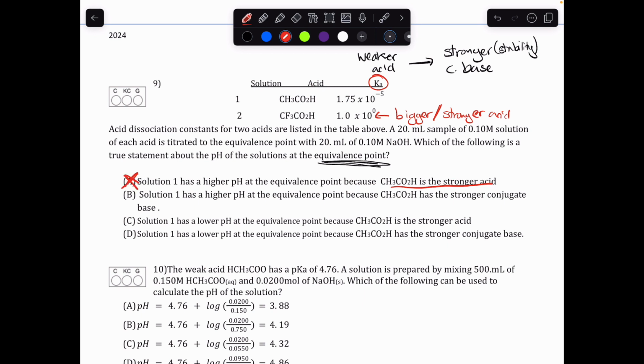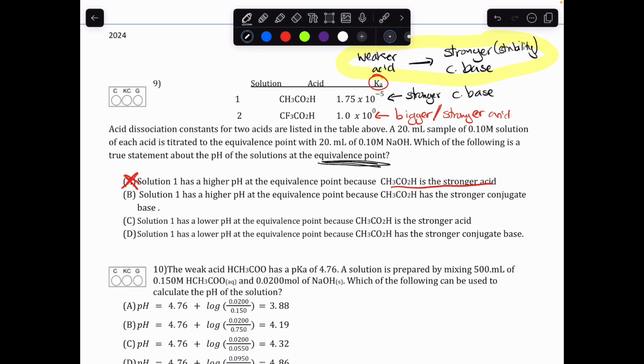Okay. It says here that solution 1 has the higher pH at the equivalence point because CH3COOH has the stronger conjugate base. And so, based off our trend up here that we identified, the weaker the acid, the stronger the conjugate base, we know that this one is going to have the stronger conjugate base.